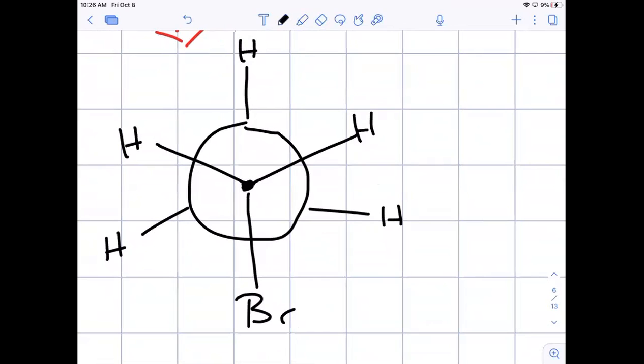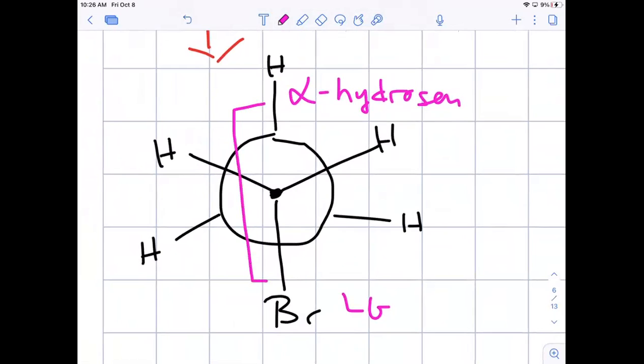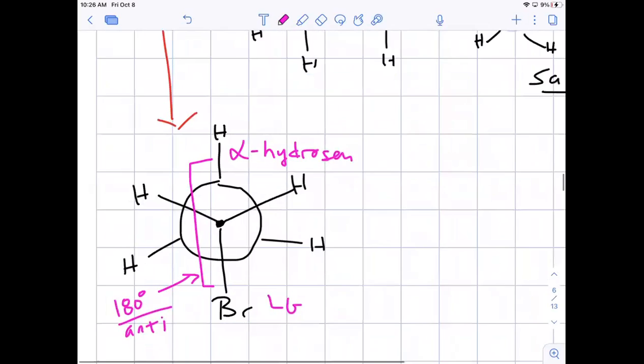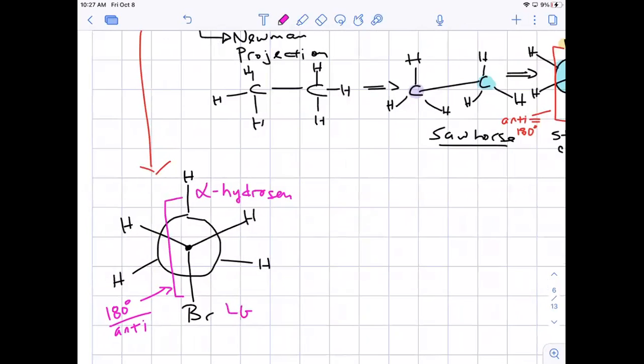This is my alpha hydrogen. This is my leaving group. And you can see that they are 180 degrees from one another. So they're anti, right? So in order for the E2 elimination to happen, your leaving group and your alpha hydrogen have to be anti-periplanar.